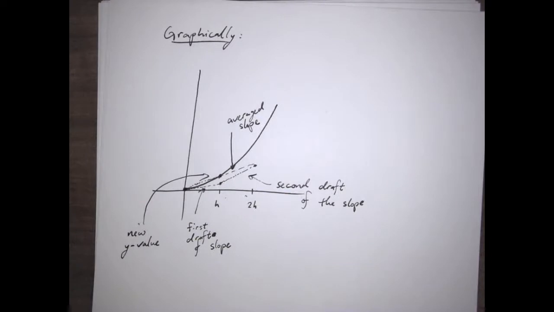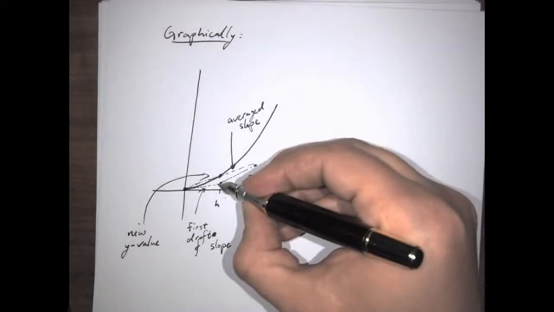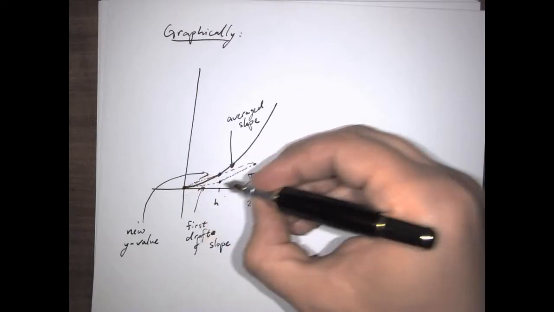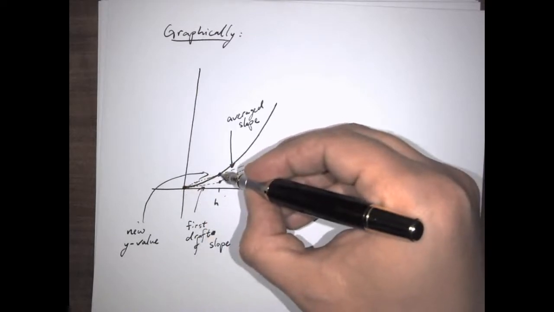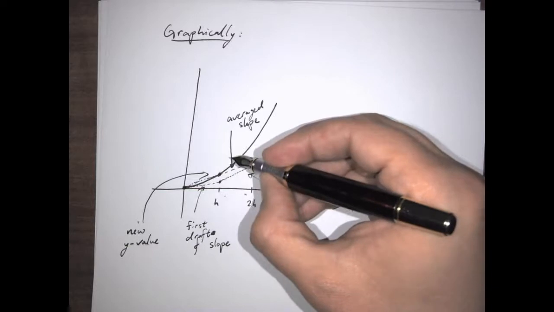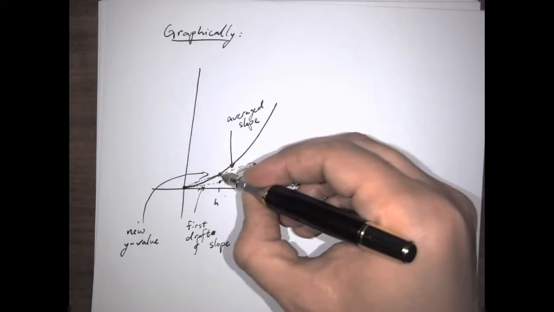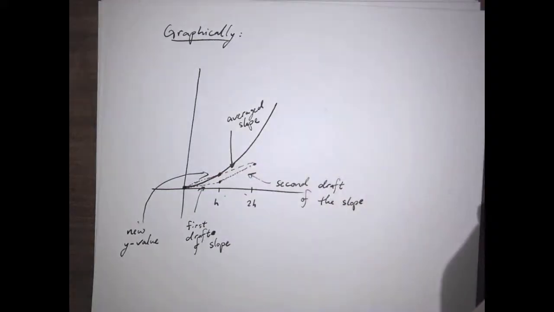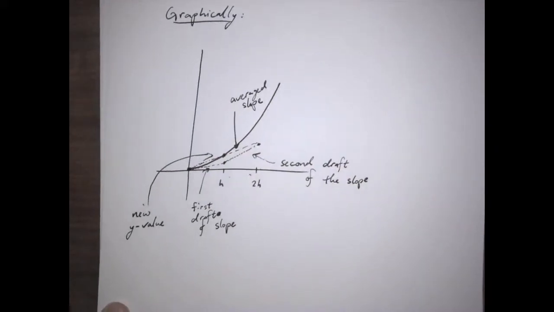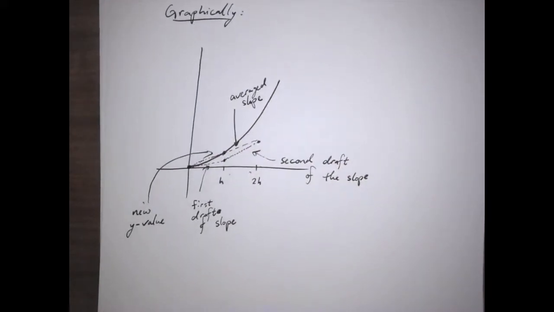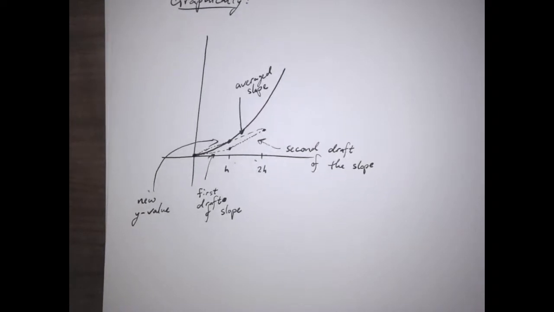So notice that at least in our very rough sketch here, the first version of the path from y0 to y1 takes you pretty far off from the curve. However, by taking the average of this and then cutting that halfway, you end up with a much better approximation for where the next y value is going to be.